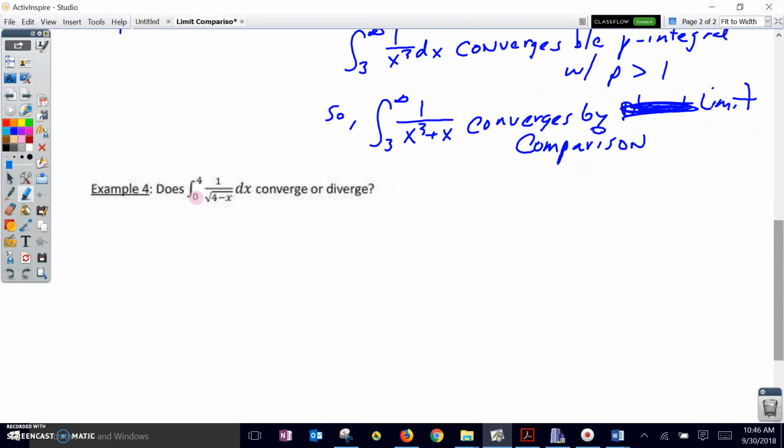And so we look at this function, and it has an infinite discontinuity at 4. So in order to integrate this, I'm going to find the limit as x approaches 4 from the left of the integral from 0 to 4 of 1 over square root of 4 minus x dx.